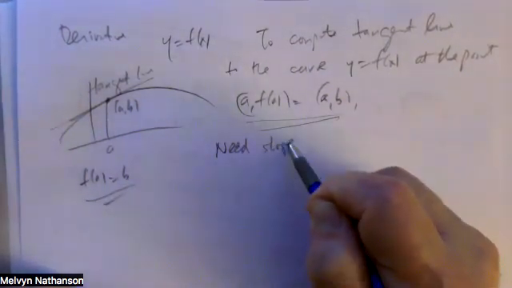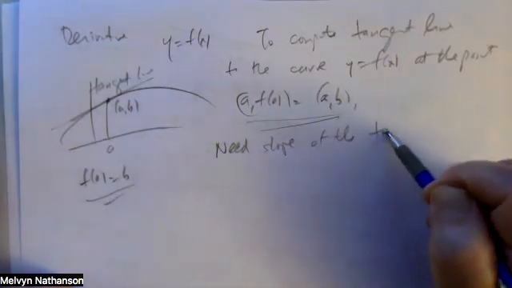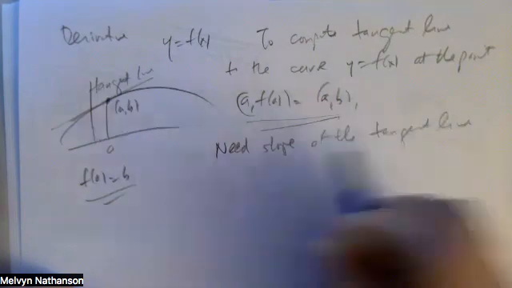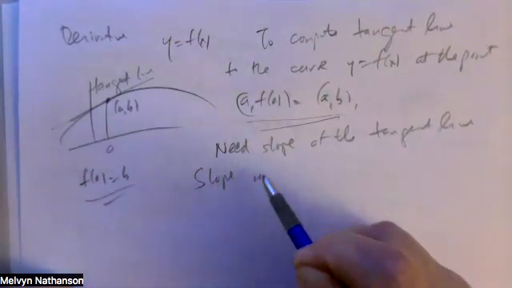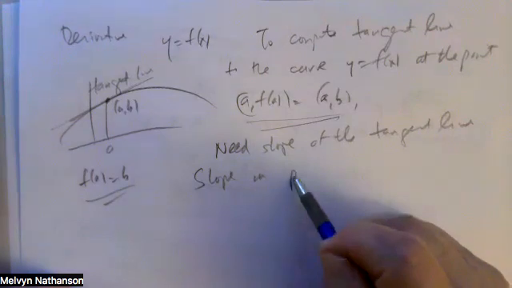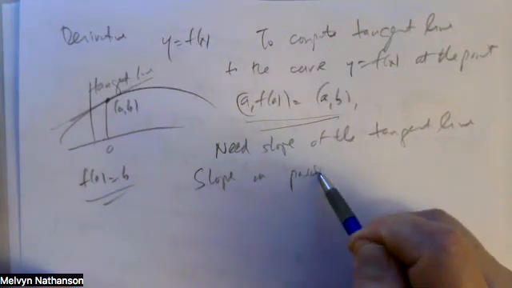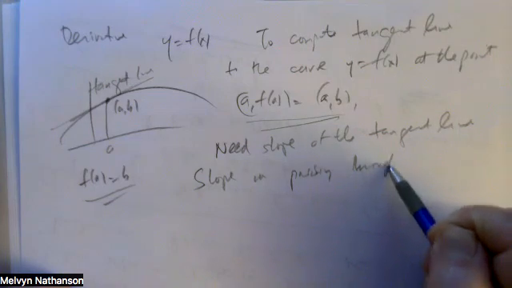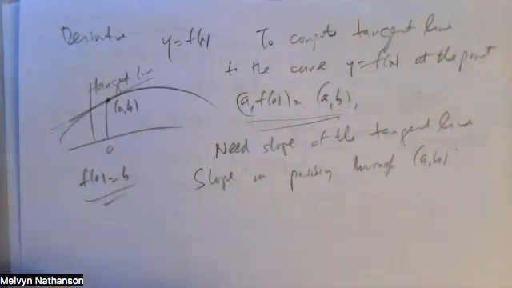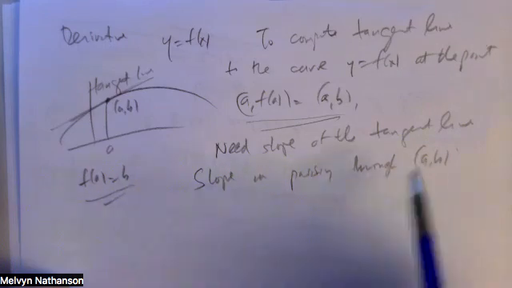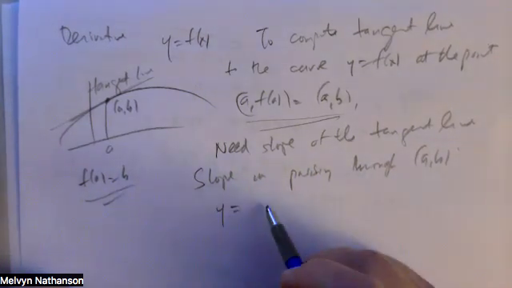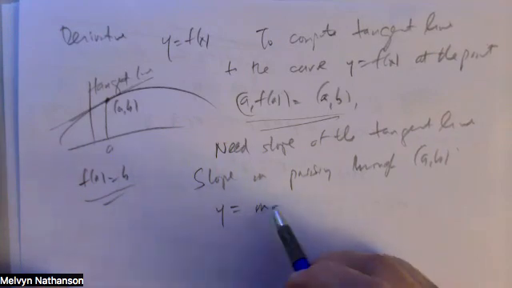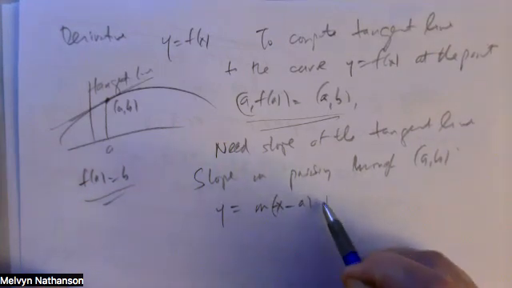We need the slope of the tangent line. And if we call the slope m, the line with slope m passing through a point (a, b), well, this you're supposed to know from pre-calculus math. What is the equation of the line with a given slope passing through a point? The equation of the line is y equals m times (x minus a), plus b, right?